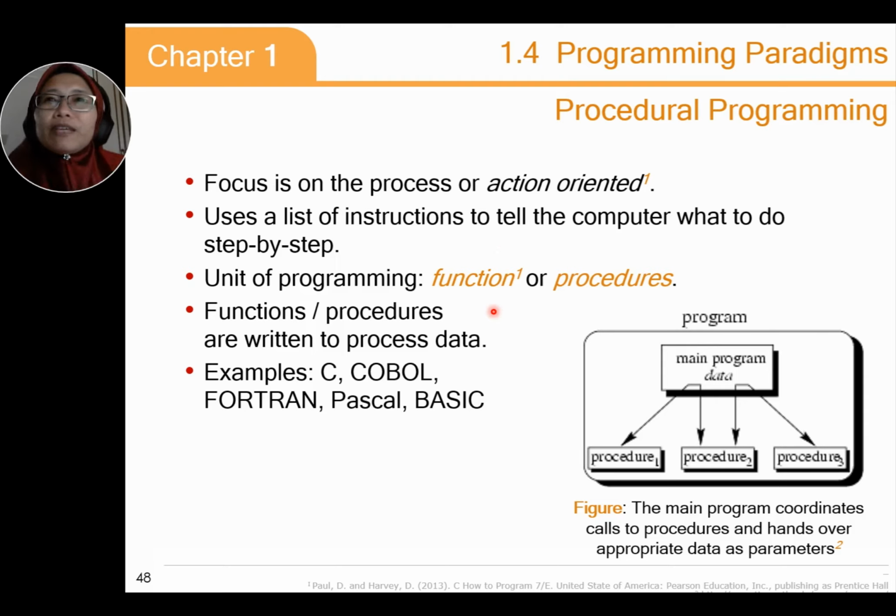I want you to focus on this: the unit of programming for procedural programming is the function or procedure. Functions and procedures are written to process data. Data is held here and sent to procedures. Examples of programming languages that use procedural programming are C, COBOL, Fortran, Pascal, and BASIC.